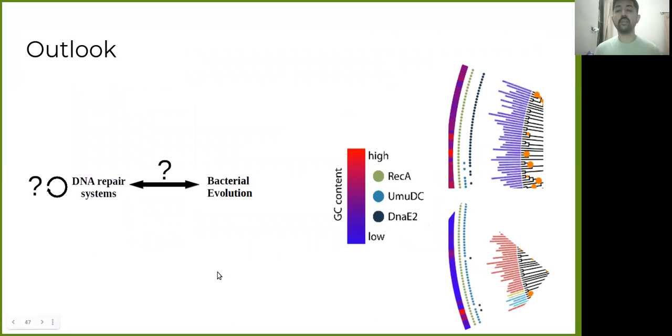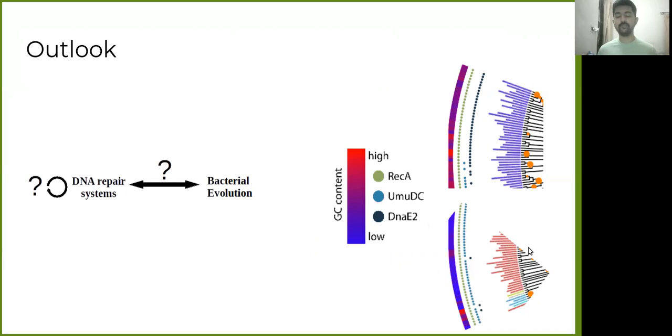In that direction, one other preliminary result that I want to share is that I'm also looking at the DNA error-prone polymerases UmuDC and DnaE2, which we find are mutually exclusive in their presence and absence over the entire phylogeny. And there is a strong correlation with GC content, where we find that organisms that have high GC tend to have DnaE2 as compared to the ones that have low GC, which have more UmuDC.